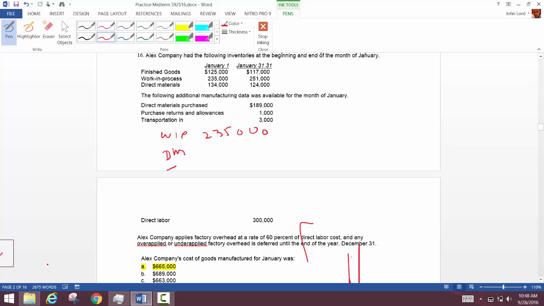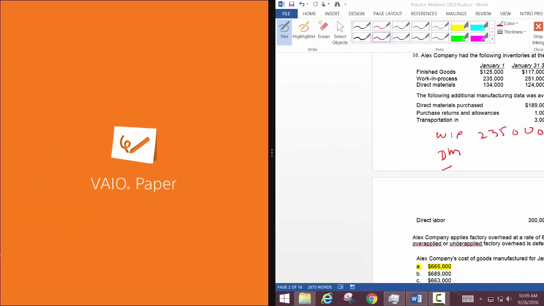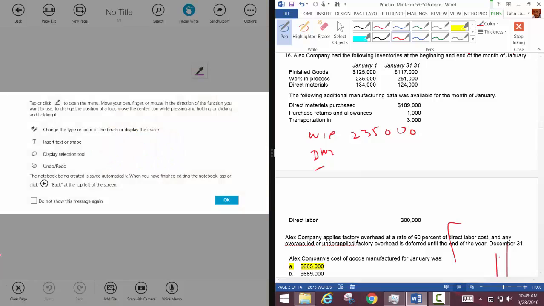They returned 1,000, didn't they? So we've got to take the 1,000 off. What about this transportation in? We're going to have to add it, right? The transportation in is part of the cost of my inventory, isn't it?